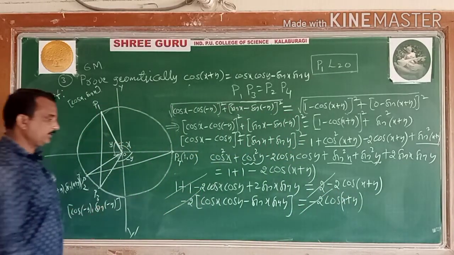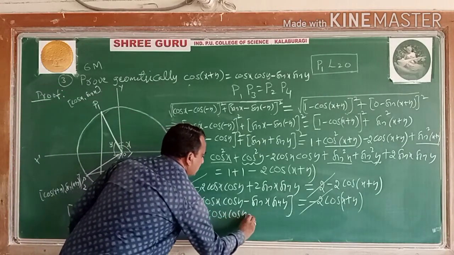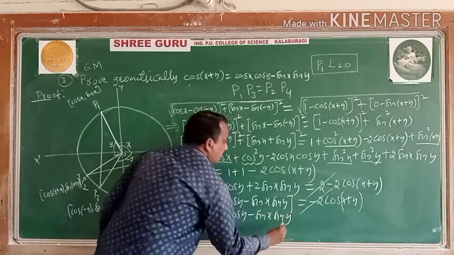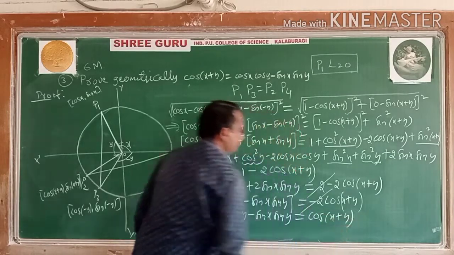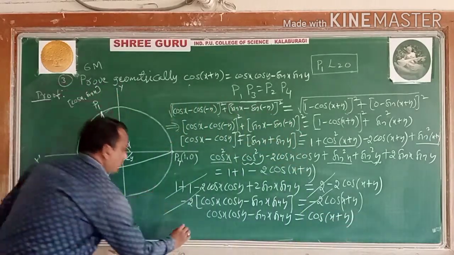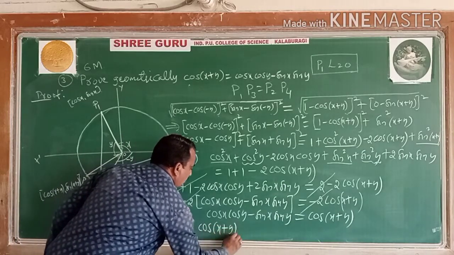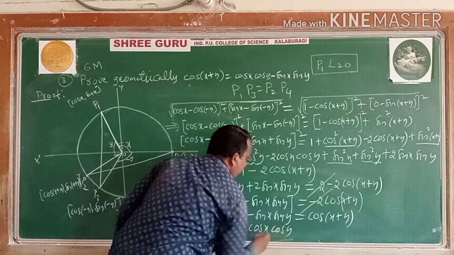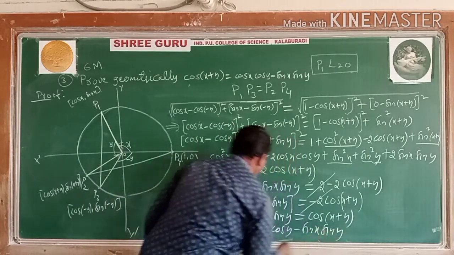What remains, students, here? Cos x cos y minus sin x sin y is equal to cos of (x plus y). Therefore, cos of (x plus y) is equal to cos x cos y minus sin x sin y.